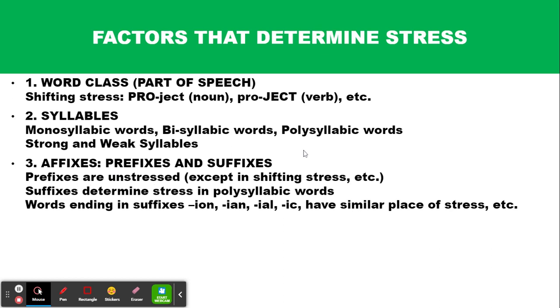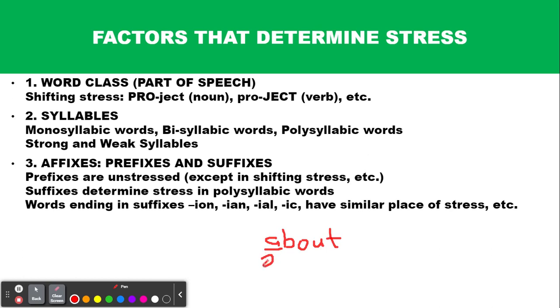Prefixes are unstressed except in shifting stress. All right? So you have prefixes. The rule is that in two-syllable words, if a word begins with a prefix, it is almost always unstressed. For example, if you have a word like about, this is a prefix, so it is unstressed.